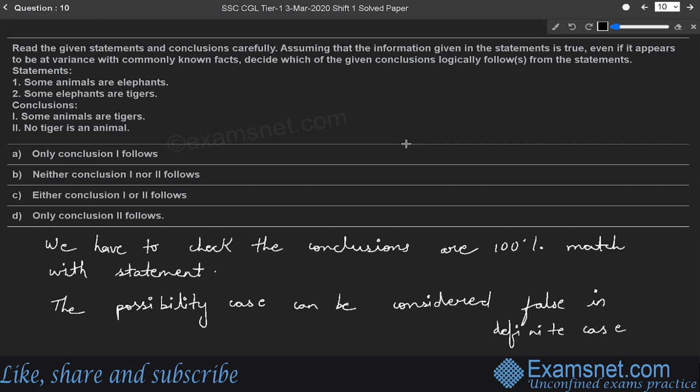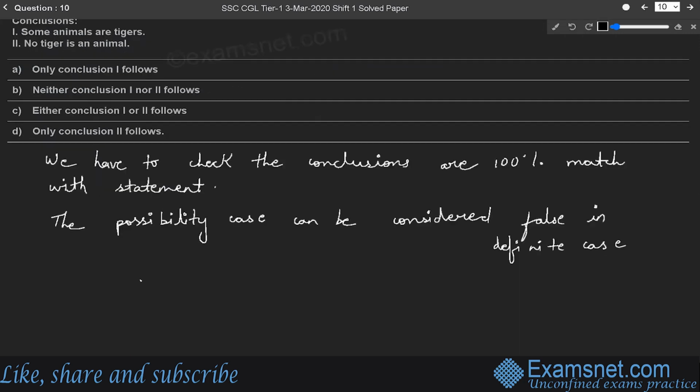And in a possibility case, two words must be present, that is either can or possible. So this is the basic concept that we have to use for this question.